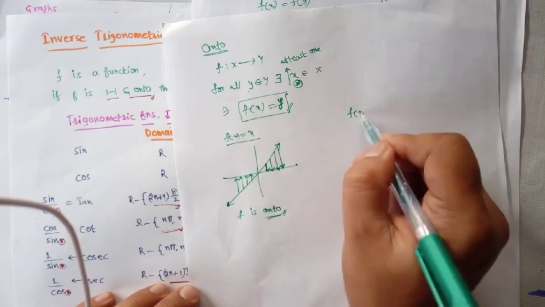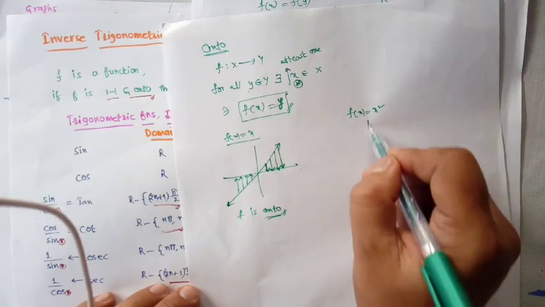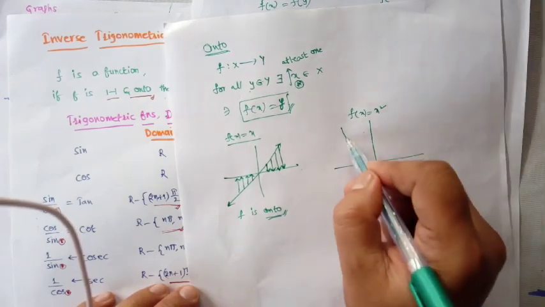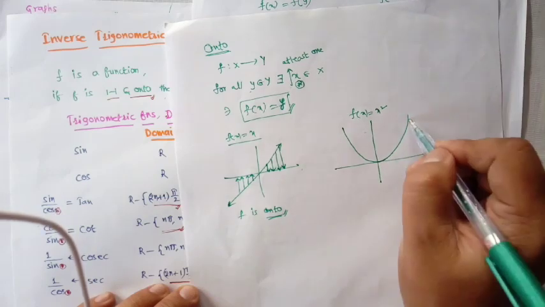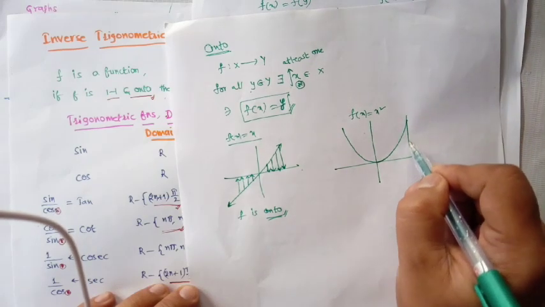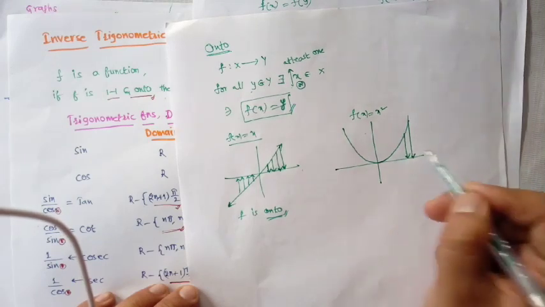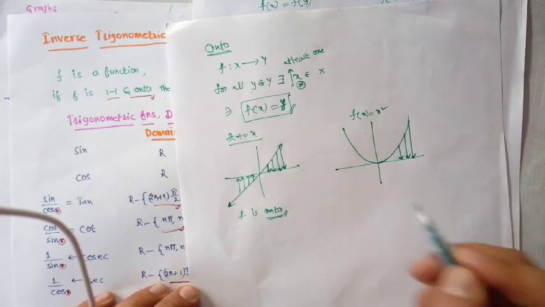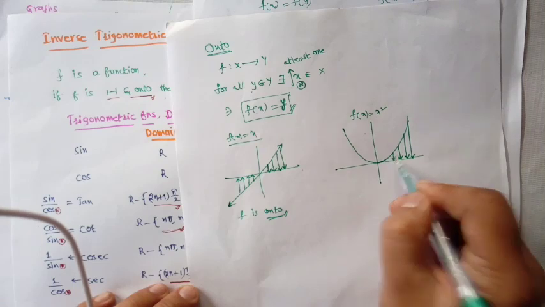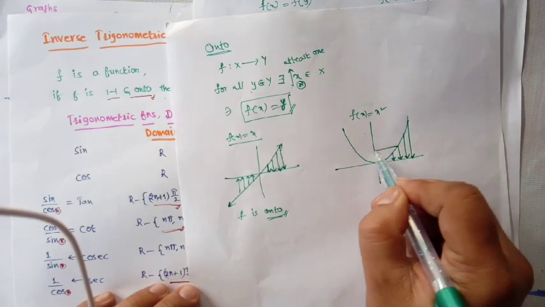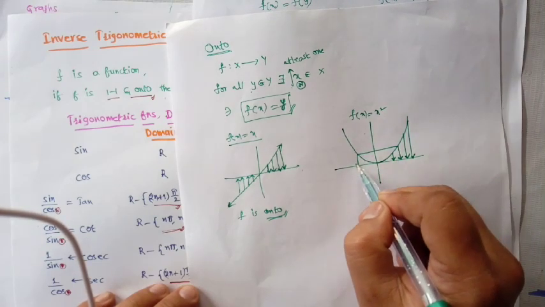Then f of x is equal to x square. So it is also going to be onto, and this is your graph. Corresponding to one value of y, I am getting one x here. Corresponding to the same y, you are getting one more x here.